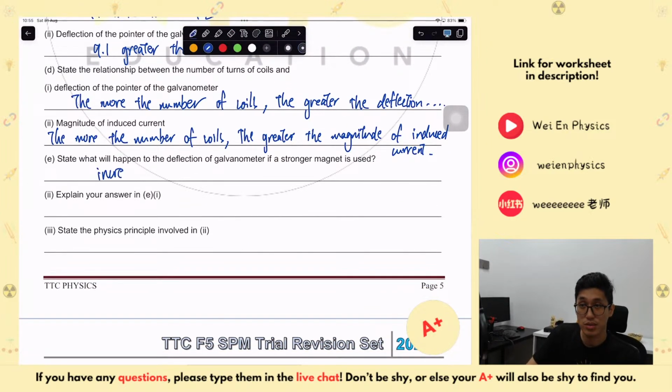So what happens to the deflection? The deflection increases. Why? Because stronger magnets have more magnetic field lines.